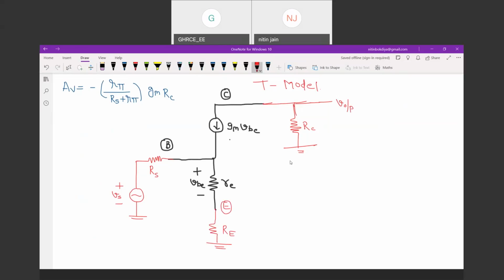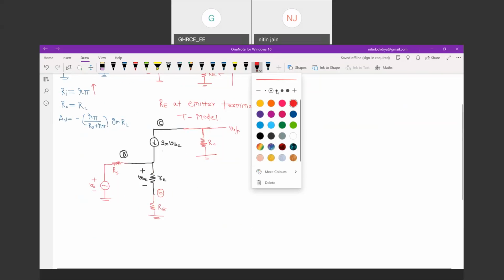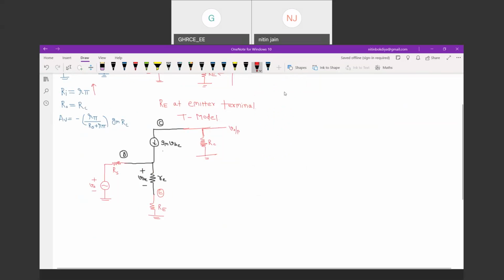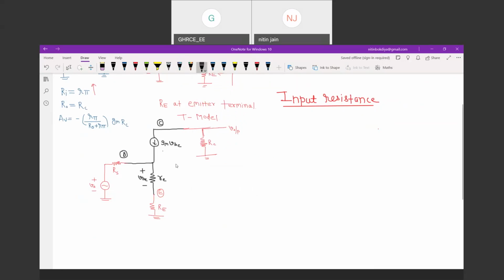The first term we want to calculate for this is input resistance, कि इसका input resistance कितना होगा, है ना. तो let's start with input resistance. So input resistance is what?